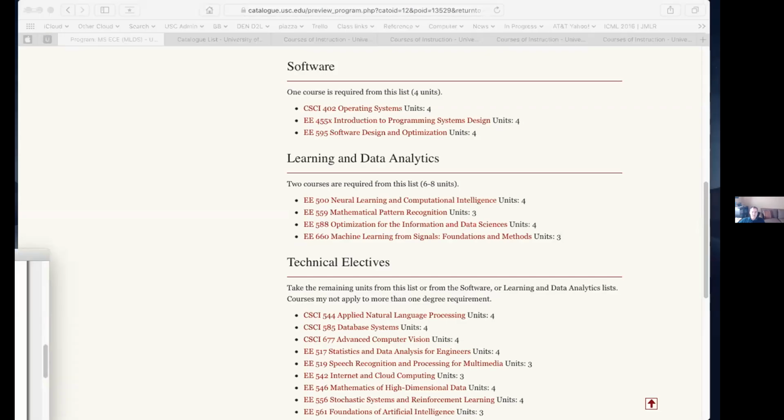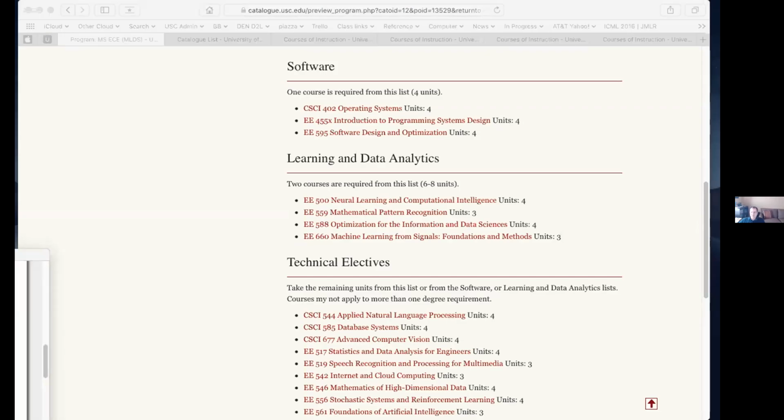So in the current version of the degree, the software courses, you have to take 1 class out of CS 402 operating systems, which many of you know is, I think, a class where you'll learn a lot of C. EE 455, Introduction to Programming Systems Design. That's C++ or Java now.